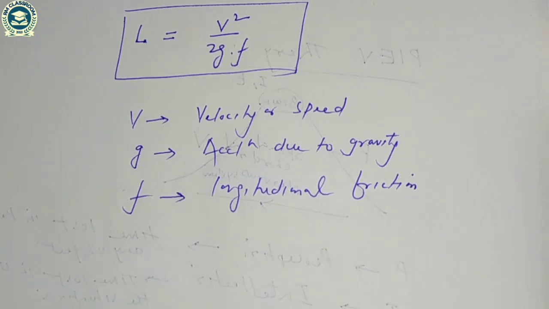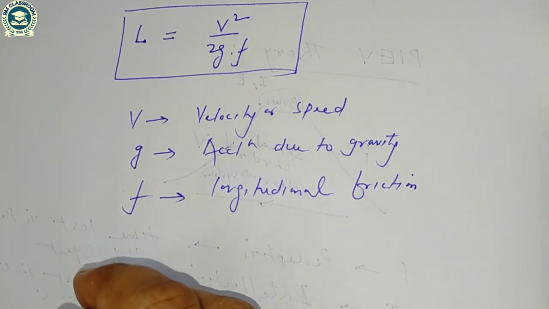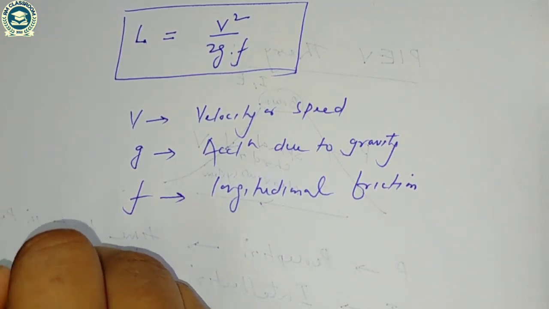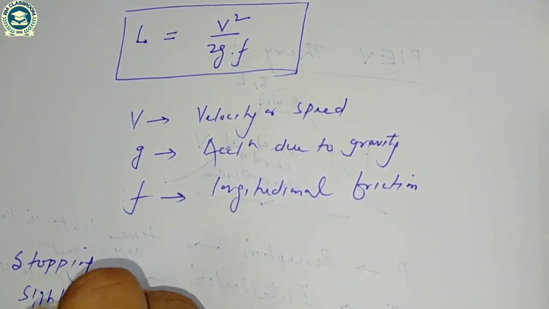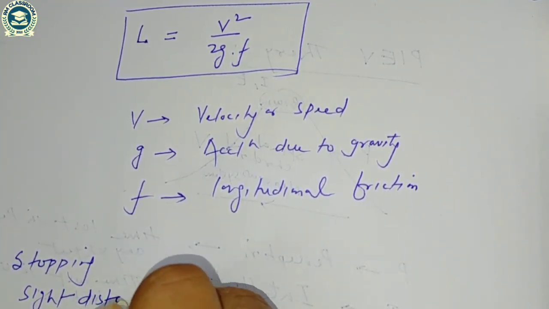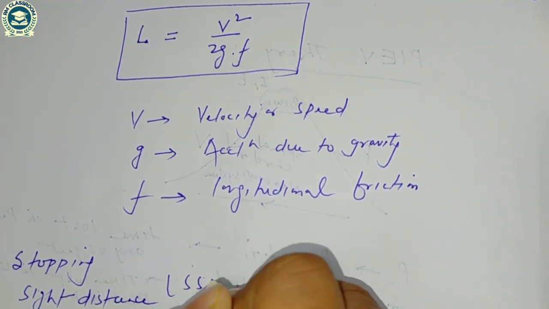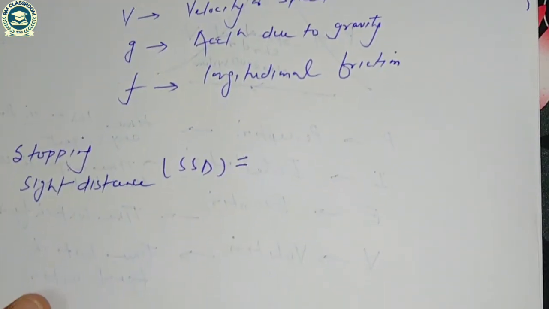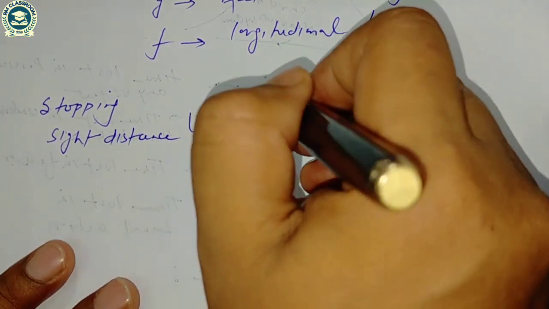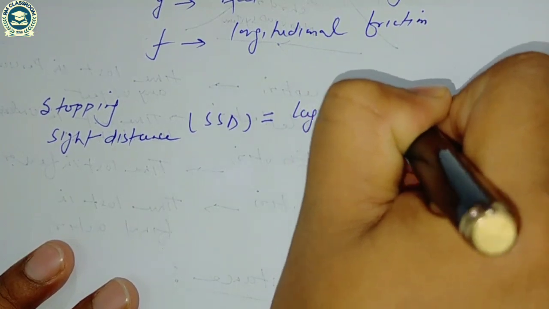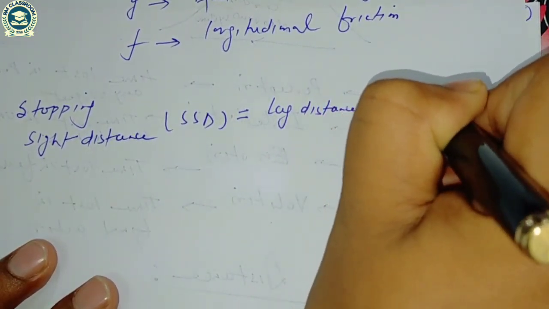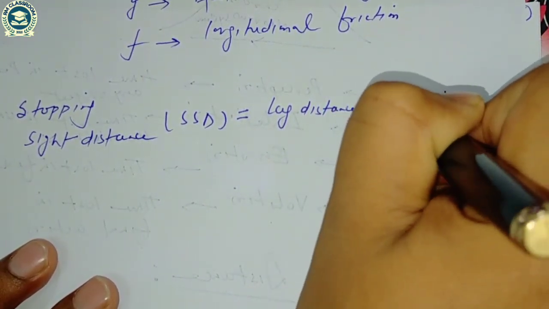So the total stopping sight distance can be written as follows. SSD is the sum of lag distance plus braking distance.